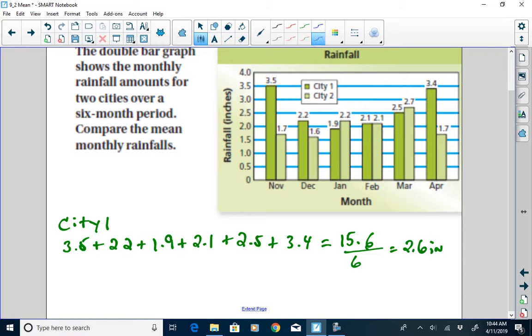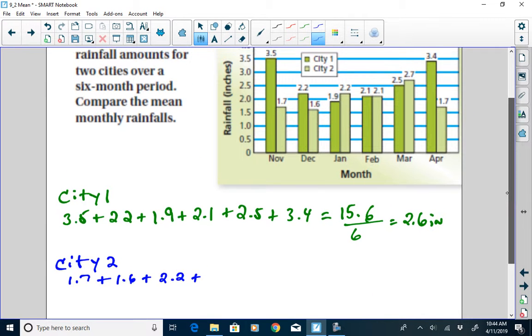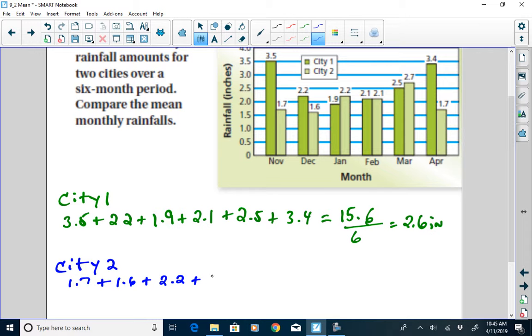That's city 1. City 2, all right, we'll do down here. City 2, we start with 1.7 plus 1.6 plus 2.2 plus, let's see, scroll it down a little bit. After 2.2, we have 2.1 plus 2.7 plus 1.7.